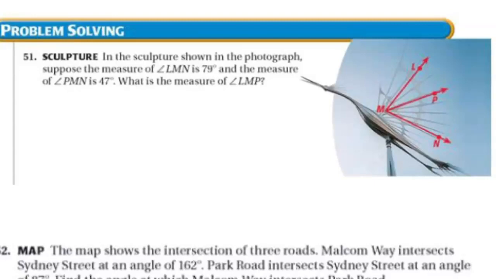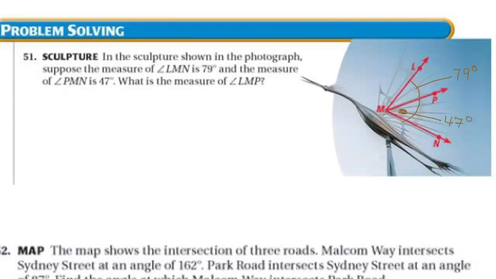It says a sculpture. In the sculpture shown in the photograph, suppose the measure of angle LMN, so that's this entire angle, is 79 degrees. And the measure of angle PMN, this angle right here, is 47 degrees.